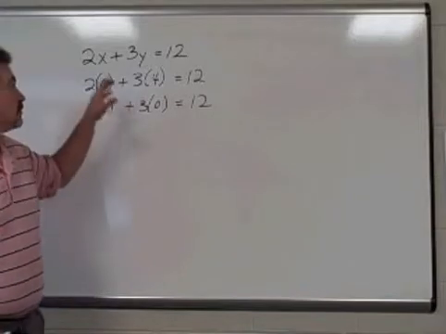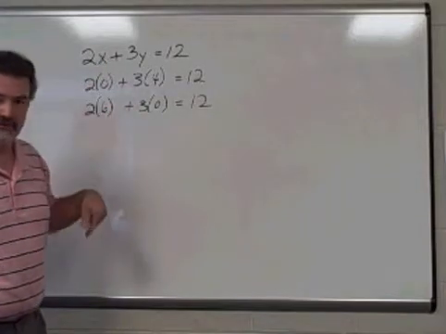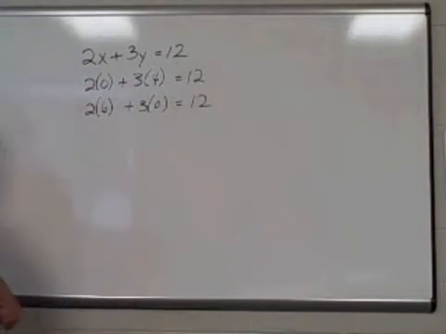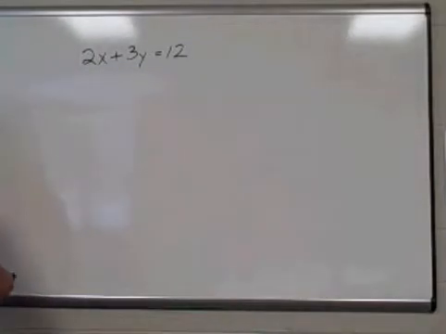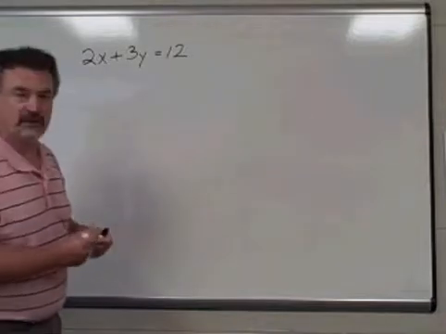Oftentimes, solutions to linear equations in two variables, we write those solutions as what we call an ordered pair.